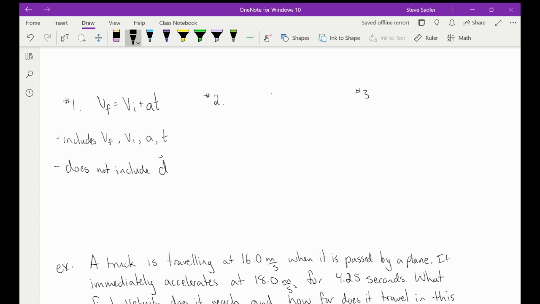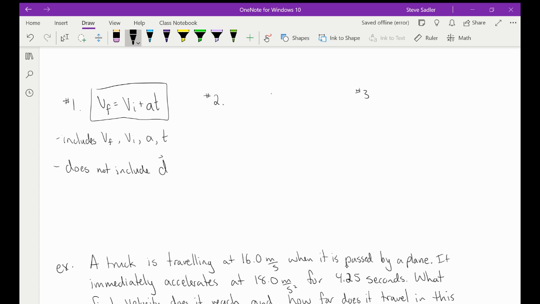So you notice that if you don't know the displacement, you have a formula you can still work with. And that is how this whole thing goes. So this equation does not include displacement, so you don't need to know it in order to use that equation.